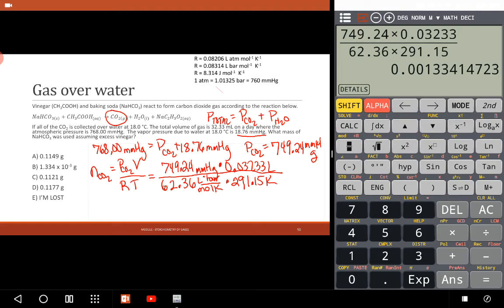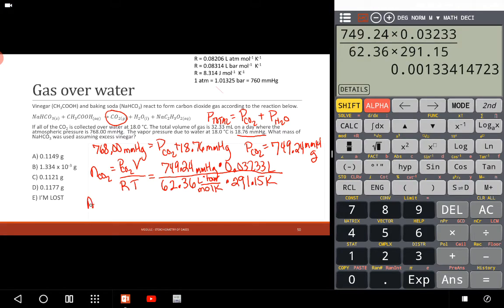And so my moles of carbon dioxide gas is 0.00133 for moles of CO2.